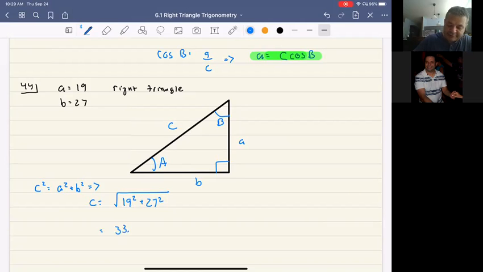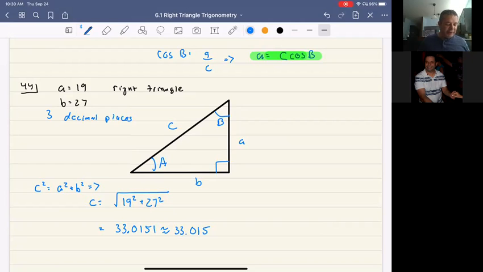Actually, it says 3 decimal places, so I'm going to go one more digit: 33.0151, which is approximately 33.015. So that's our c.